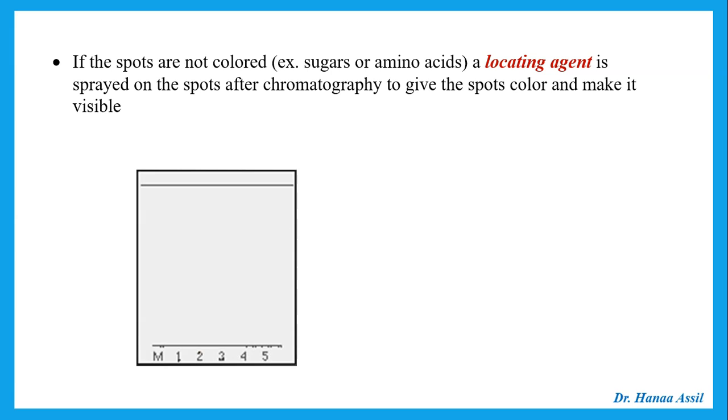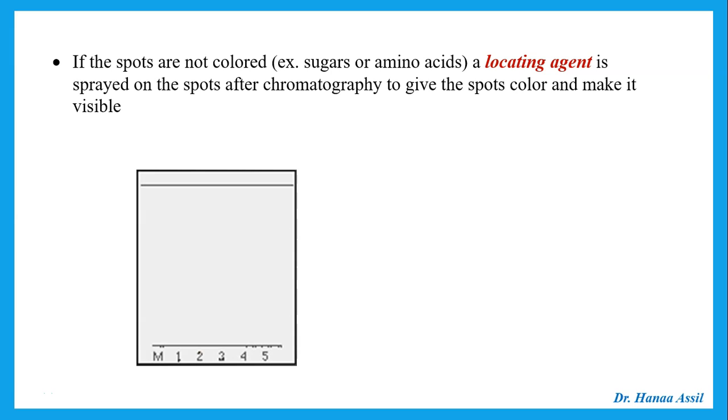So this is after I've done my chromatography, but I'm not seeing anything because the spots are not colored. So in that case, we take the chromatography paper after we finish and we spray it with a substance that gives the spots color and makes them visible. This substance is called a locating agent.